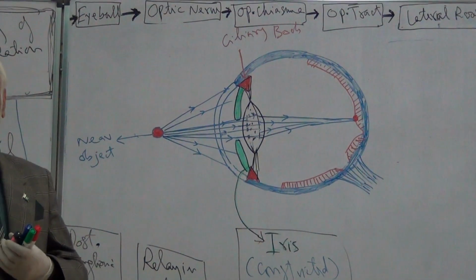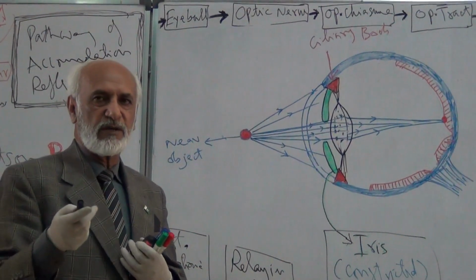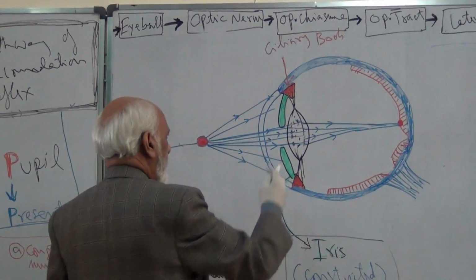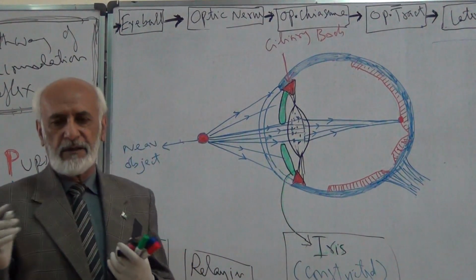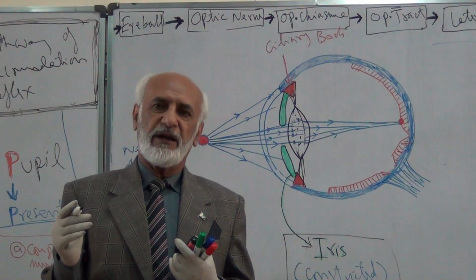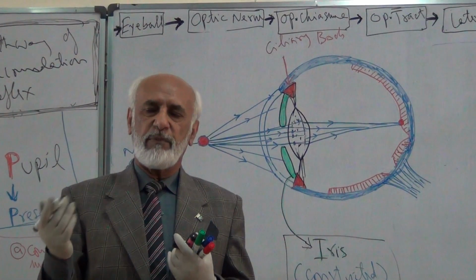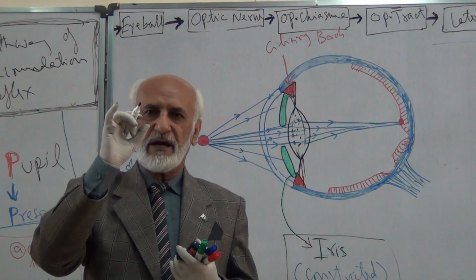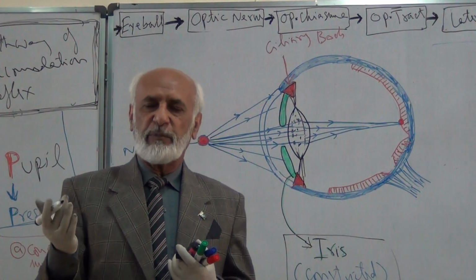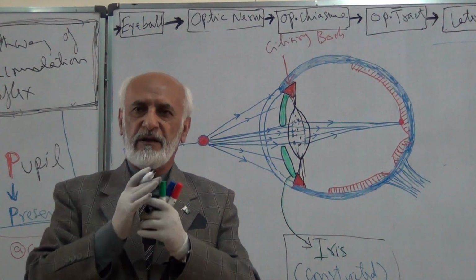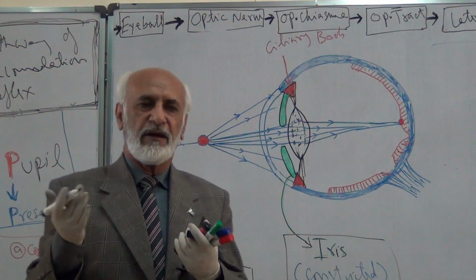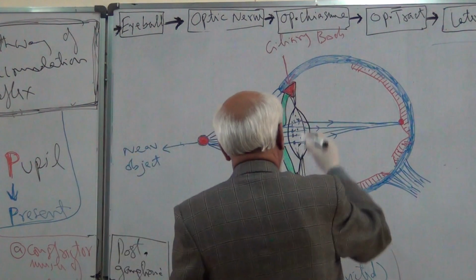Peripheral rays are cut off so that you do not have a blurred vision of the near object. Second, because the near object rays are divergent, they need a more powerful lens. Therefore, the ciliary body contracts, it releases pressure on the lens, the lens bulges, that is, its biconvexity is increased. In other words, lens power is increased.